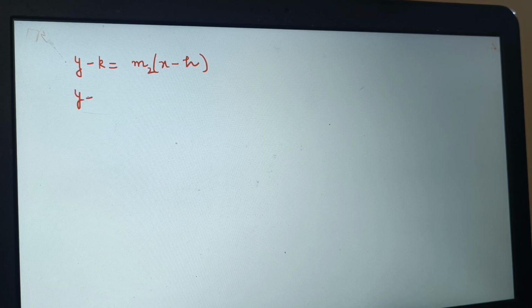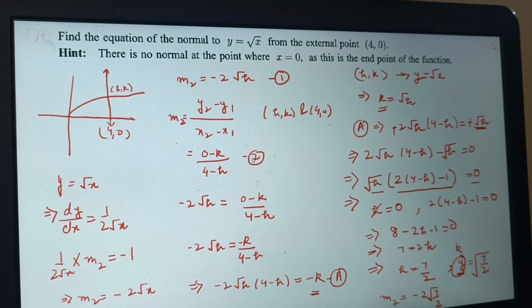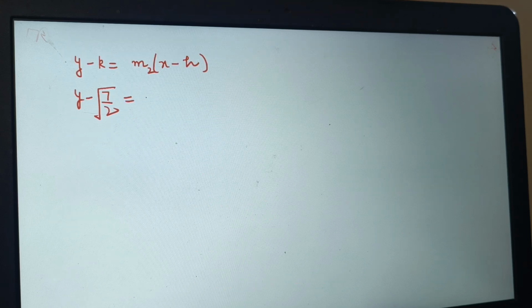So y minus square root of 7 by 2, and my slope, let me check once, is minus 2 square root of 7 by 2, times x minus 7 by 2. I have got my equation, but I need to simplify this further.